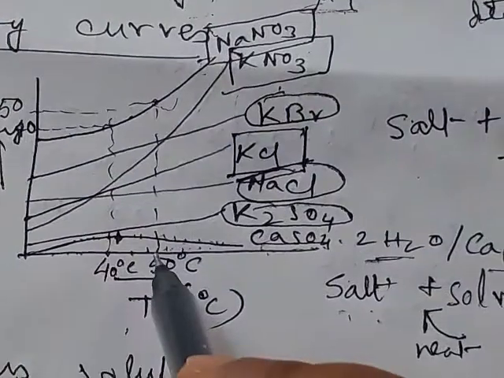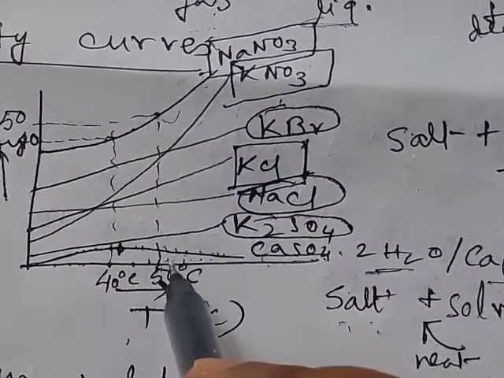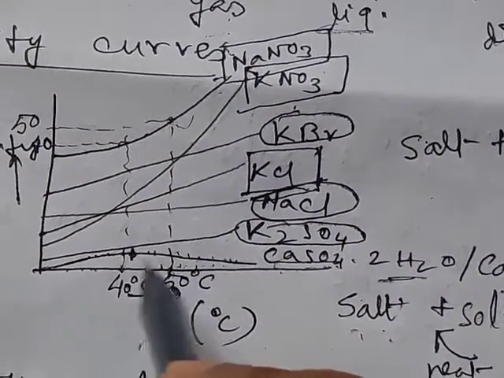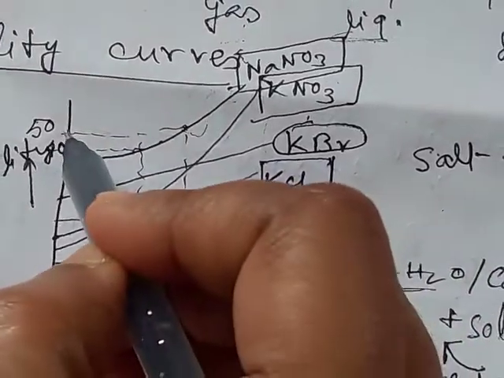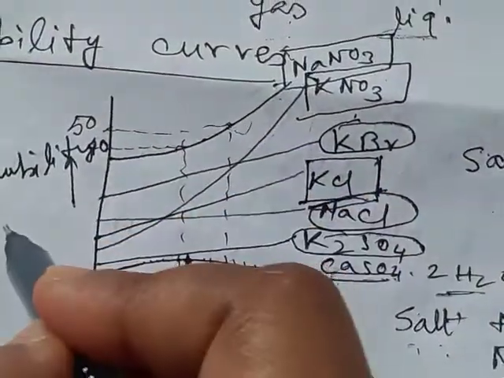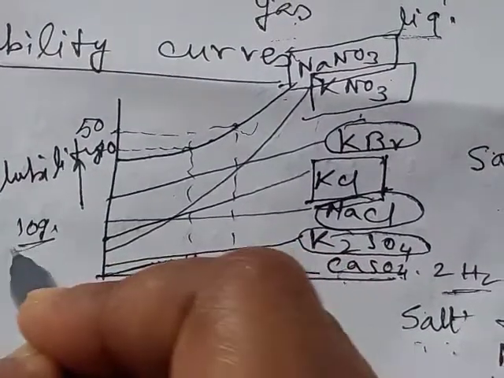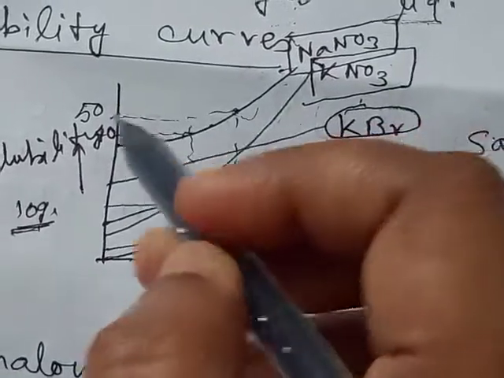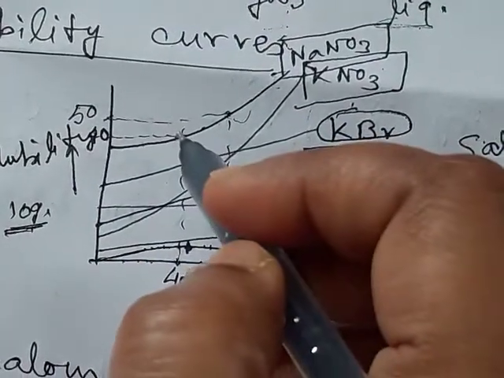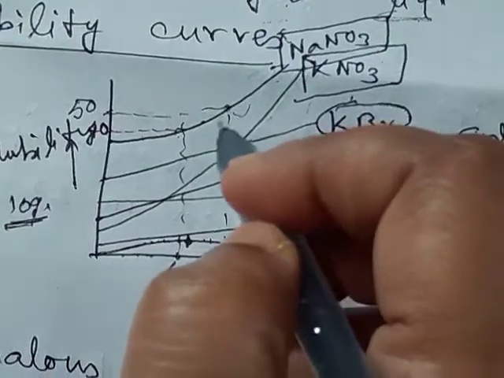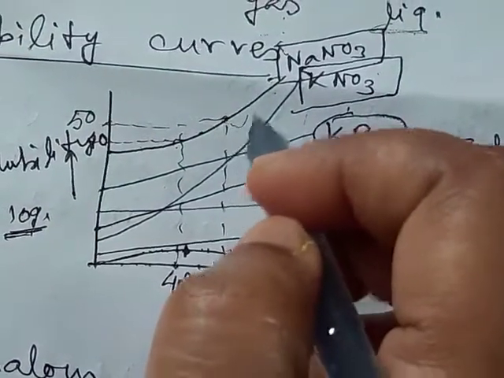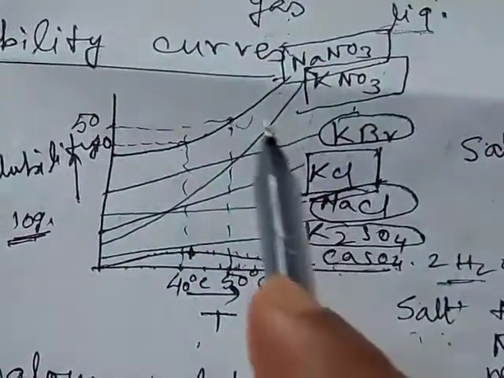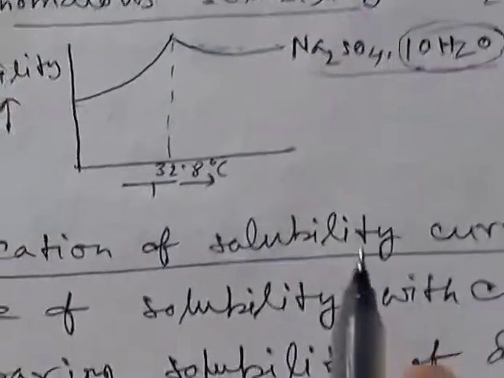So if we decrease the temperature of the sodium nitrate solution from 50 to 40 degrees, then 50 minus 40, that is 10 grams of sodium nitrate will be crystallized or precipitated from the solution. That is the effect of cooling: on cooling, we can determine from the solubility graph how much salt will be crystallized from the solution. So these are the applications.